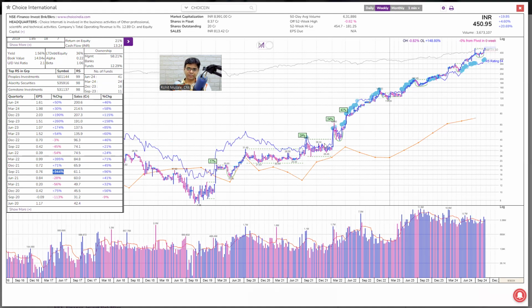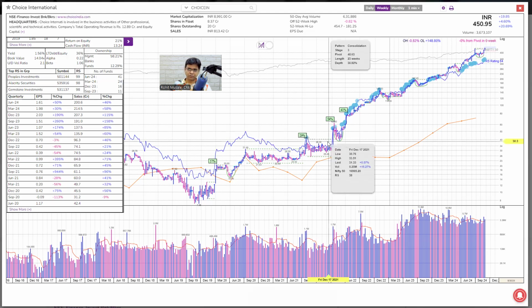So is it a surprise that the stock came out very rapidly because of very strong earnings, triple digit earnings, almost 1,000% growth in quarterly EPS, happening in the September quarter. So obviously when it came out in December, the stock shot up 10 times in less than 3 years.